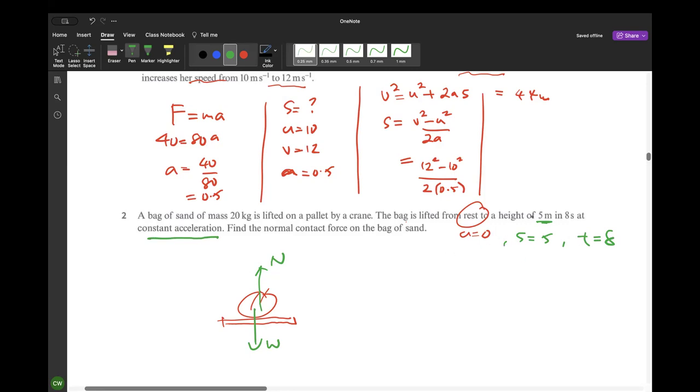So we have the distance, we have the initial speed, we do not have the acceleration. So distance is 5, initial 0. What is a? Can you find the a?